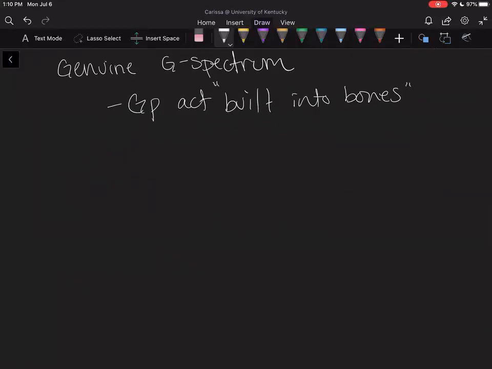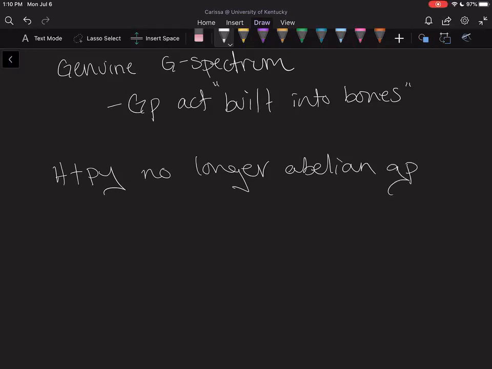Now, when we move into this realm of genuine G spectra, the homotopy stops being just an abelian group. Because now we're keeping track of all of this information by orbits. So then our homotopy is going to have information for each orbit.